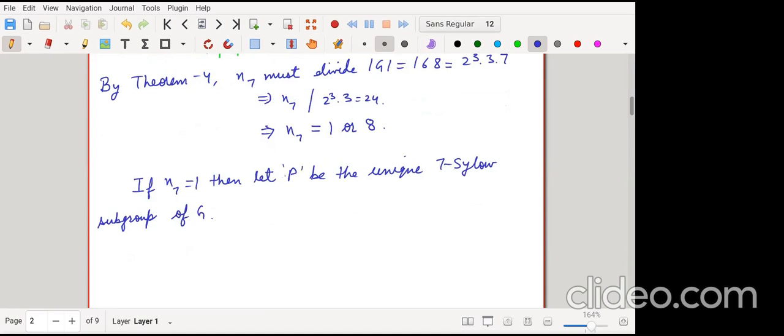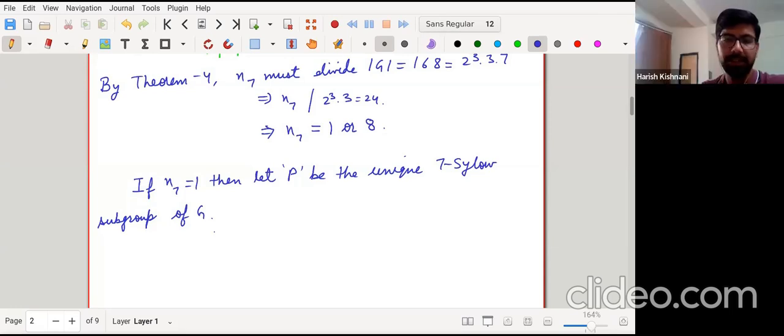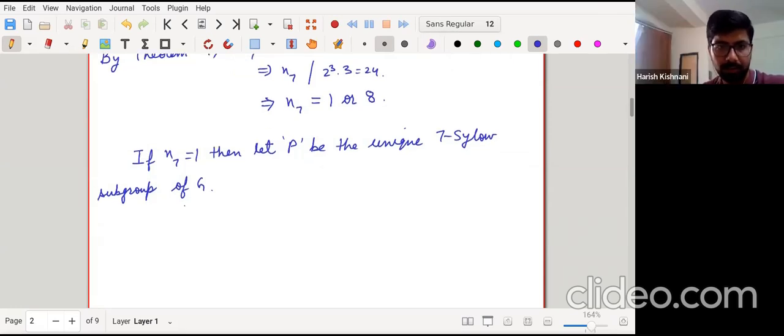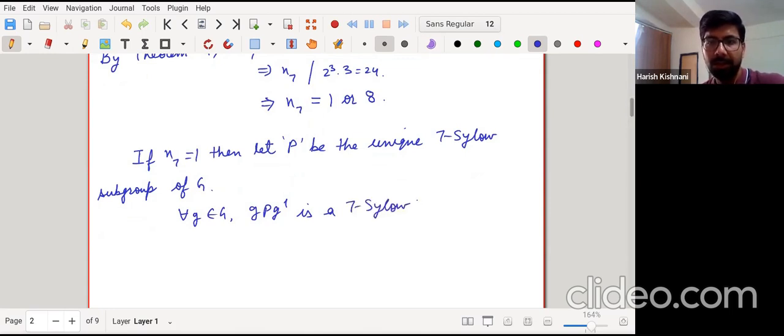How can we say that? By using the second Sylow theorem, all Sylow p-subgroups are conjugate to each other. If it is 1, then all the conjugates equal P, so they are normal. Yes. So the reasoning is, for all g belonging to G, gPg inverse is first of all a 7 Sylow subgroup, because it also has the same order, right? A conjugate of a subgroup also has the same order.